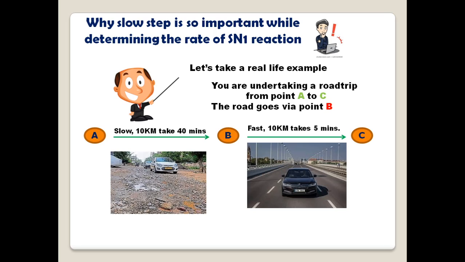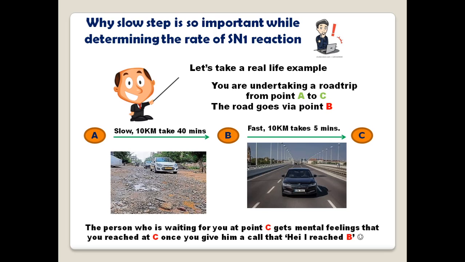But if you inform your friend that you are at point B, then your friend will get the feeling that at any moment you will reach point C. So in reality, the journey determining time is within A to B.